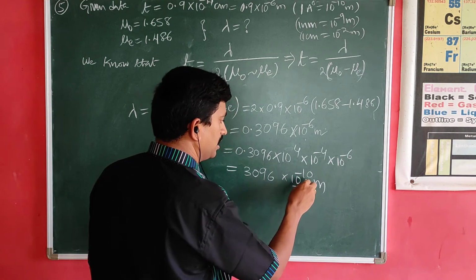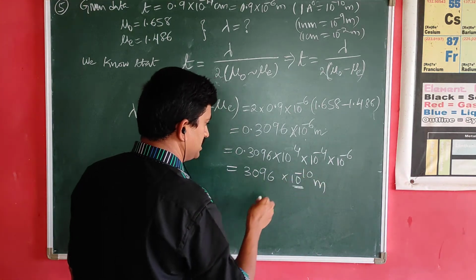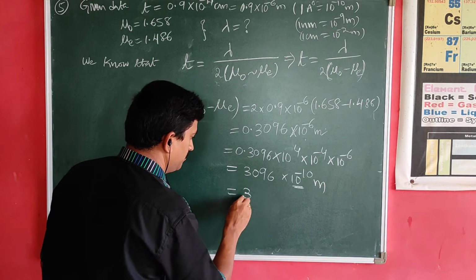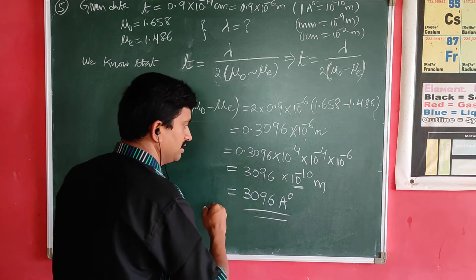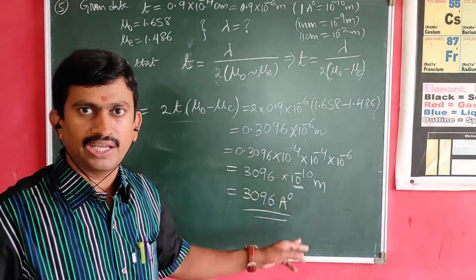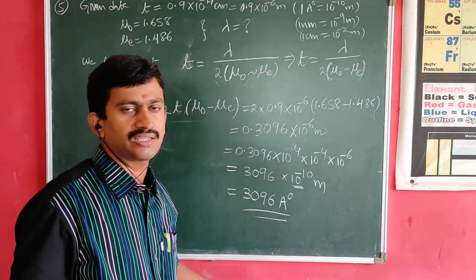Since 1 angstrom equals 10 power minus 10 meters, we replace that term with angstrom, that is 3096 angstrom units. This is how we convert meters into angstrom.